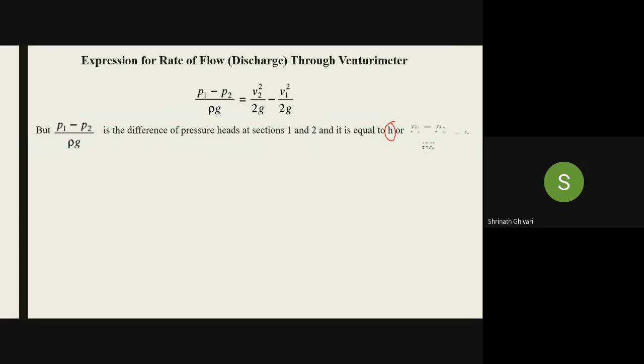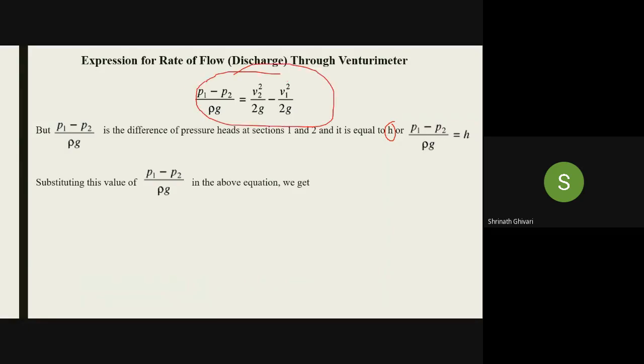By substituting H here in terms of P1 minus P2 by rho g, H equals V2 square by 2g minus V1 square by 2g. This is our equation 1.